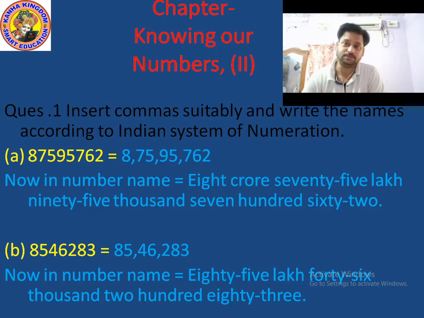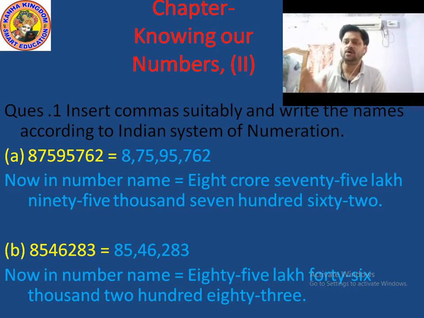How many digits? So, how do you count it? I will give one hint. You start with the ones period, and in the ones period there are 3 place values, and you all know the ones period starts from the right hand side.